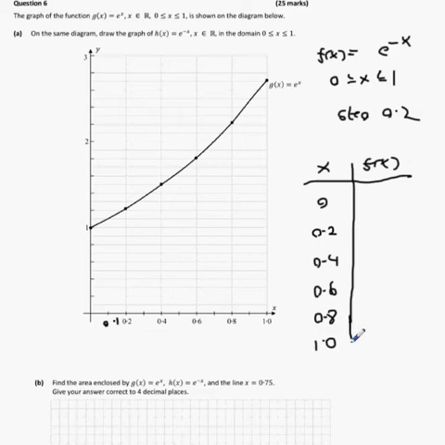Put that into the calculator, and what you should get is 1, 1.22, 1.49, 1.82, 2.23, and 2.72. Now, what you're going to do next is draw it on the graph. So we go 0, 1 is here, and then we go 0.2 and 1.22.